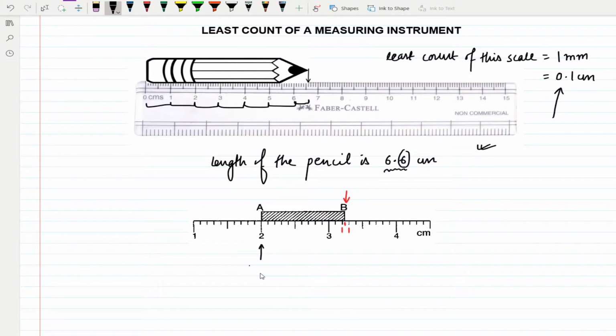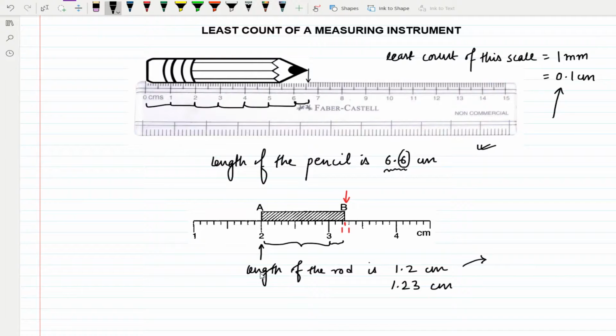So if you are asked to find the length of this rod, you can say this is 1 centimeter and then this is 1.2. If you write 1.2 centimeter, you know it is slightly more than 1.2 centimeter, but you cannot exactly find out the correct measurement. If you write, suppose, 1.23, that is also doubtful.